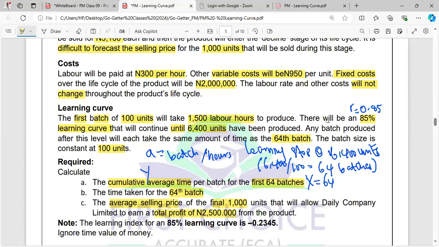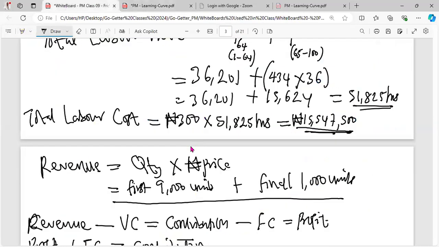So they just divided variable costs into two: labor and others. So labor has been given its own. Other variable costs. So let's start with that other variable costs.